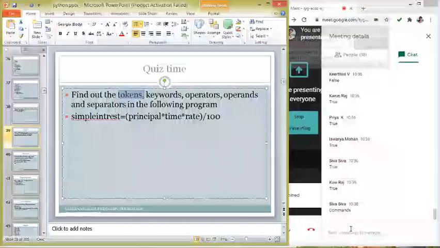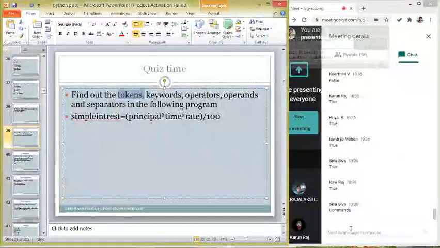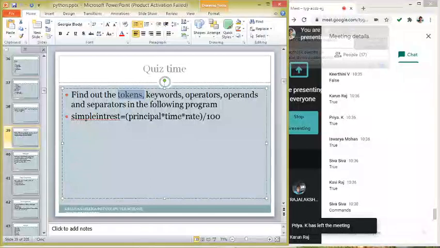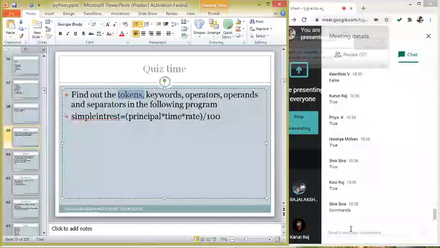First you all try to find out the tokens only. How many tokens are there? Let us see who will give the first answer.